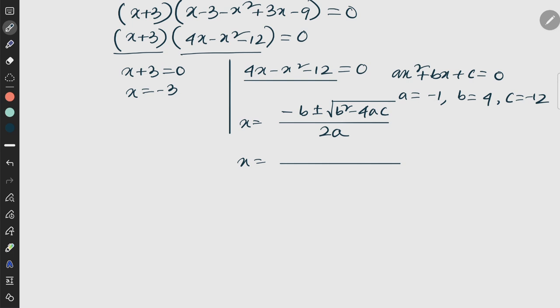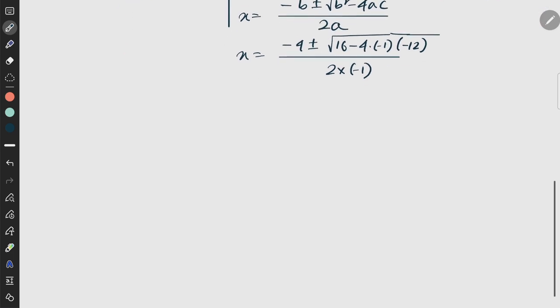A means minus 1, b means 4. That's why x equals minus 4 plus or minus root over 16 minus 4 times a, meaning minus 1, and c, meaning minus 12, and the denominator is 2 into minus 1.